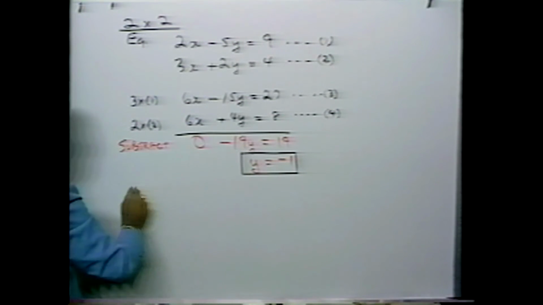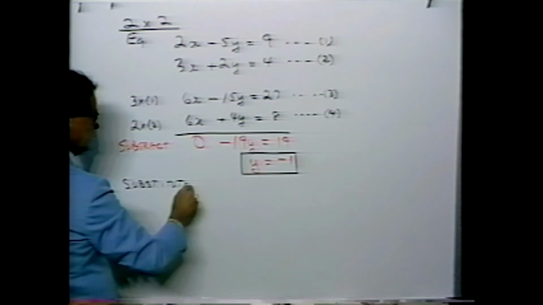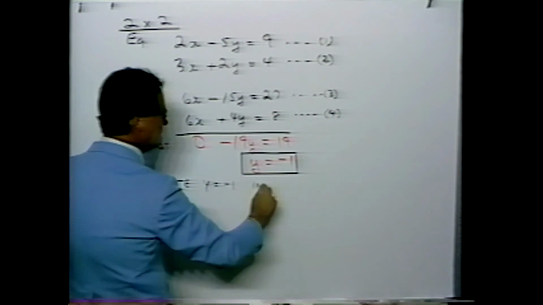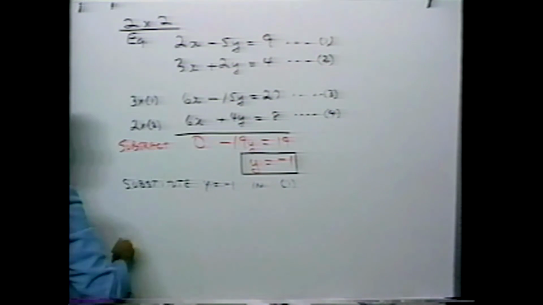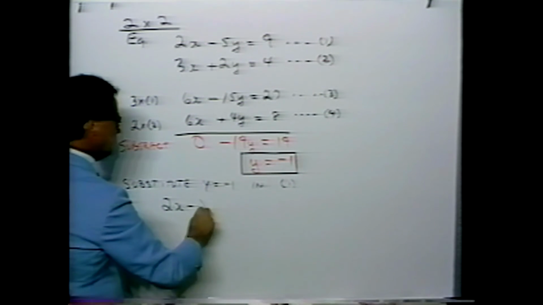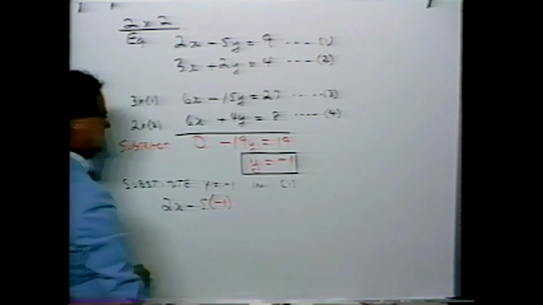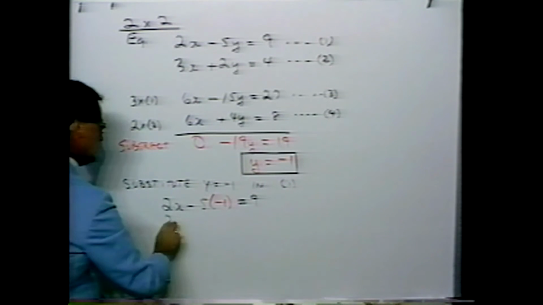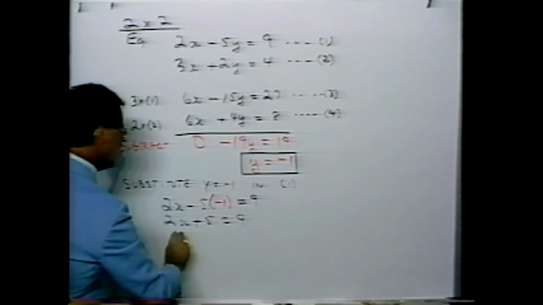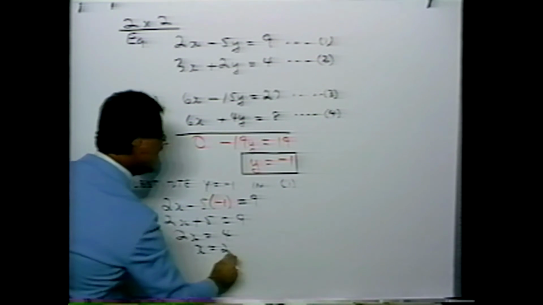So we write, substitute y equal to minus 1 in equation 1. So we then have 2x minus 5 followed by the value of y equals 9. 2x plus 5 equals 9. 2x equals 4. And finally, x is equal to 2.